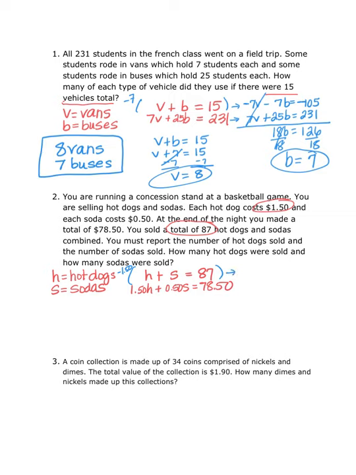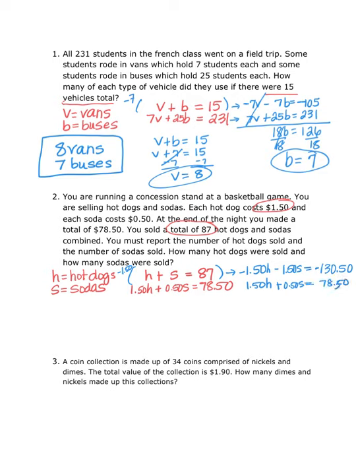So if I do that, I'm going to have negative 1.50H minus 1.50S equals 87 times negative 1.50 is negative 130.50. Okay, let's bring the other equation straight over. 1.50H plus 0.50S equals 78.50.